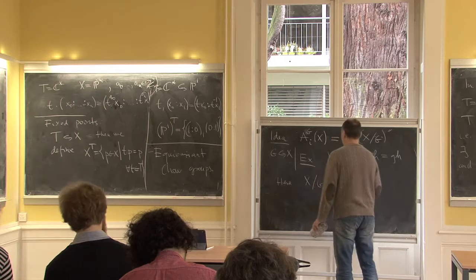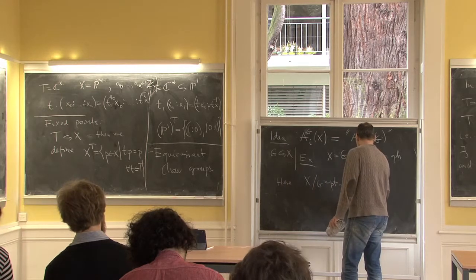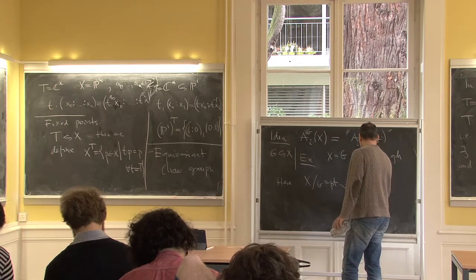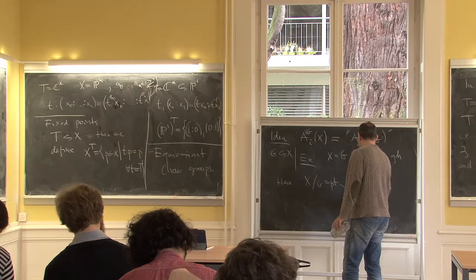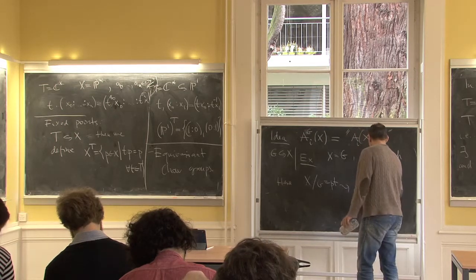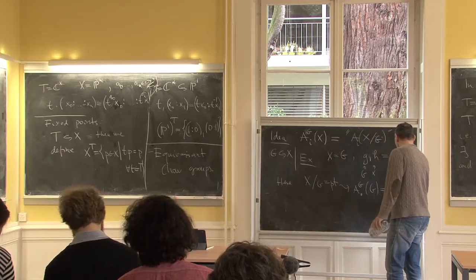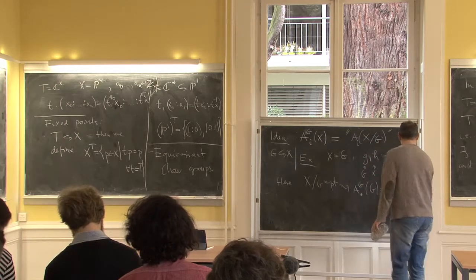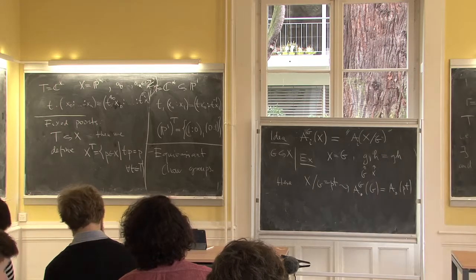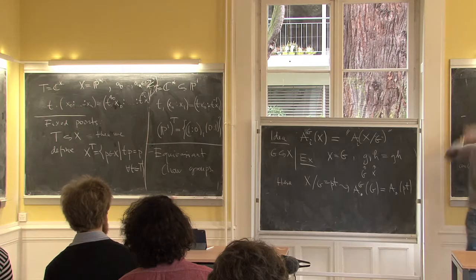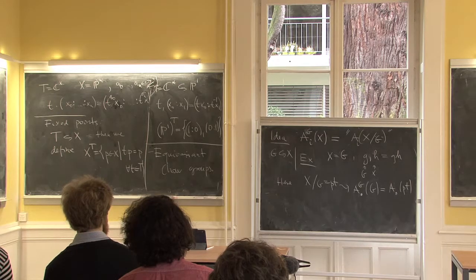Then G of G is just going to be equal to A of a point. So this is easy. So this is sort of an example of what we are trying to do now.